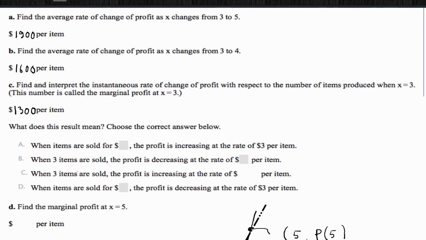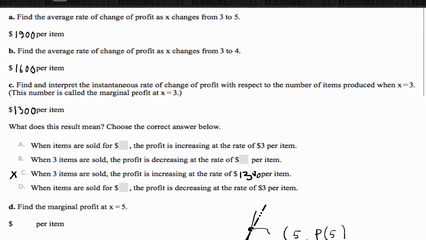And in some sense, I could say when 3 items are sold, the profit decreases at a rate of negative $1,300 per item, because then it would make sense. But the one they're looking for is right here. It's when 3 items are sold, the profit increases at a rate of $1,300 per item. Okay, well, I hope this helped.